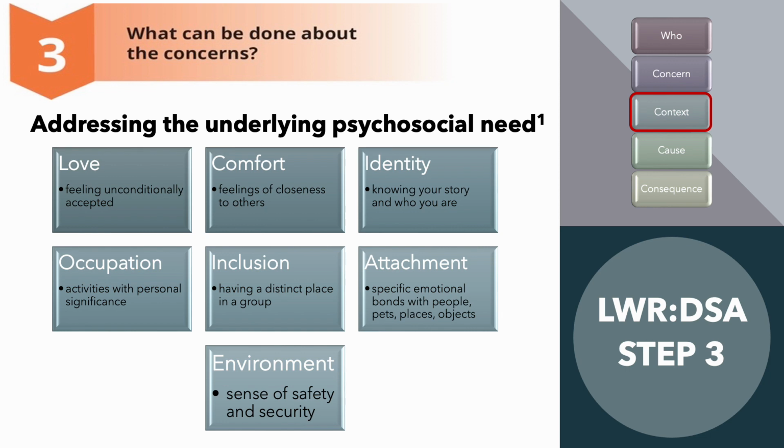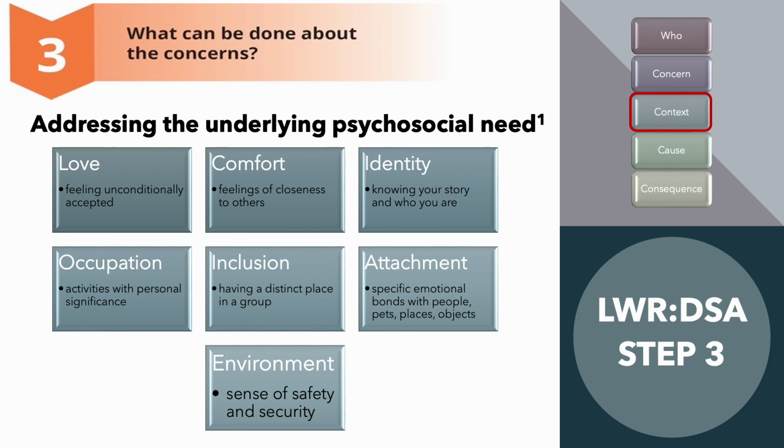For instance, in Dr. Lee and colleagues' person-centered approach to risk assessment framework for people with cognitive impairment, they suggest understanding what underlying psychosocial need the activity meets and finding a less risky activity that would still meet this need.